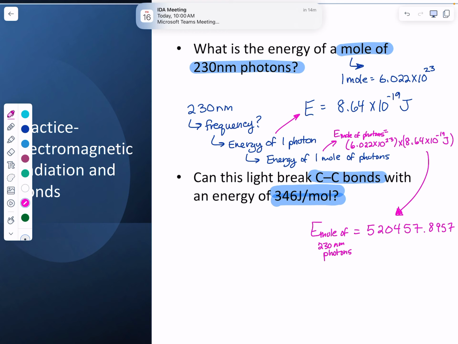So that comes out to be 520,000 joules. Is that more than 346 joules? Yes, it is. So the answer to this question is yes, many times over.